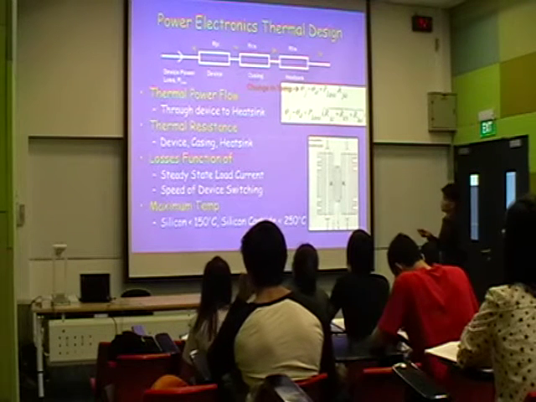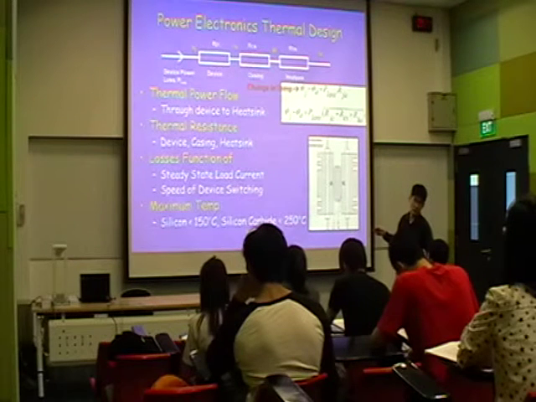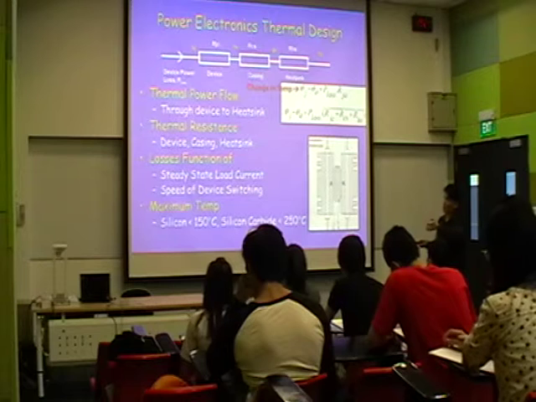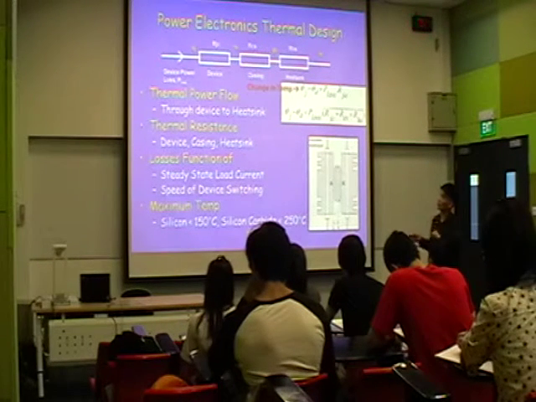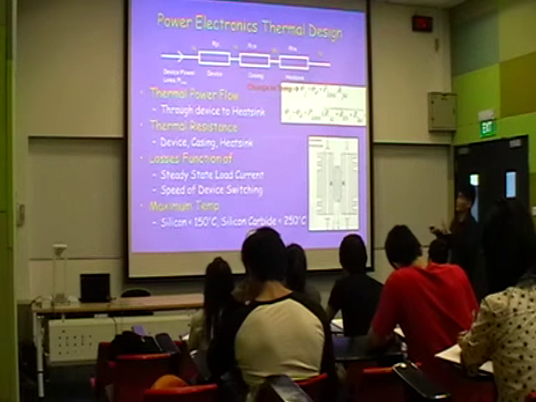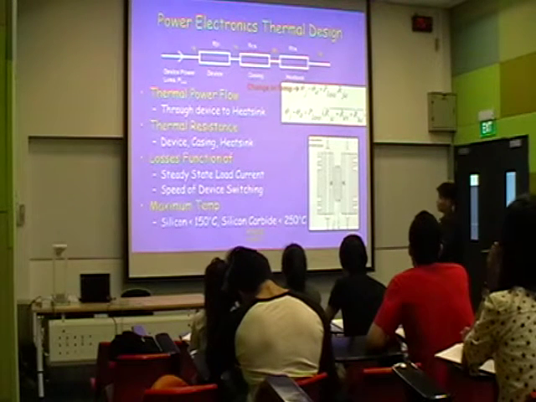And all these devices, the device itself, maybe in this case the power electronics, and the casing, because some of the power electronics have some casing to protect the user from direct contact. And there's a heat sink to reduce the temperatures. It's basically a series of fins, right?